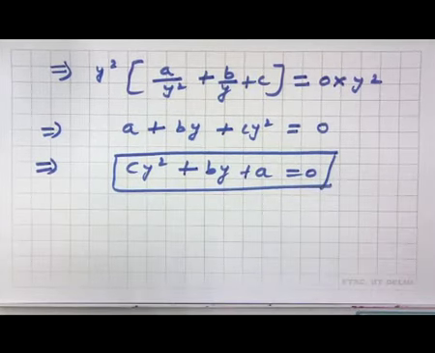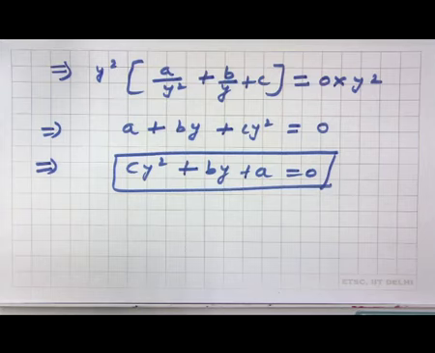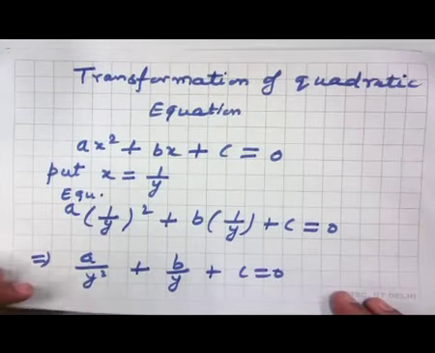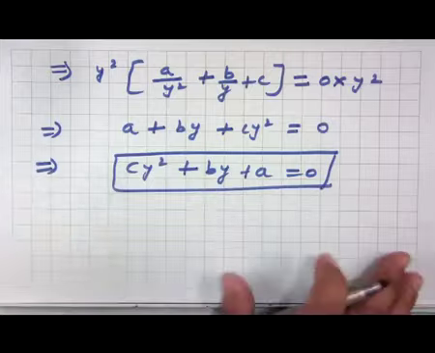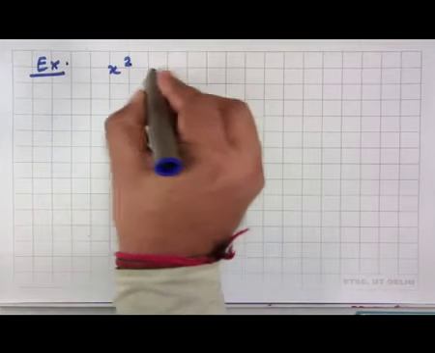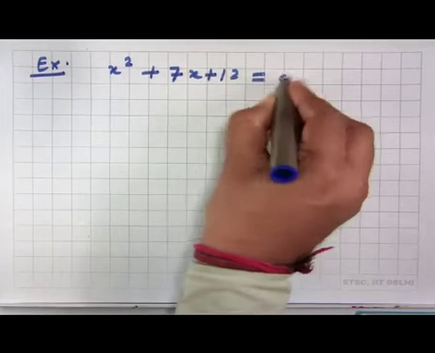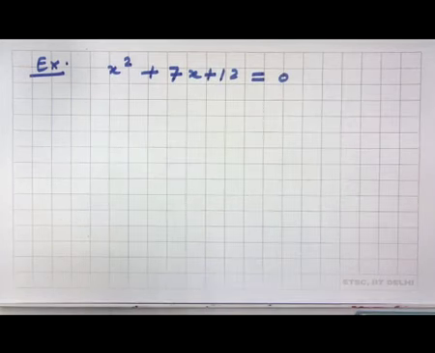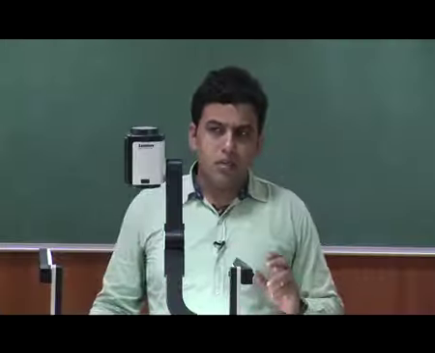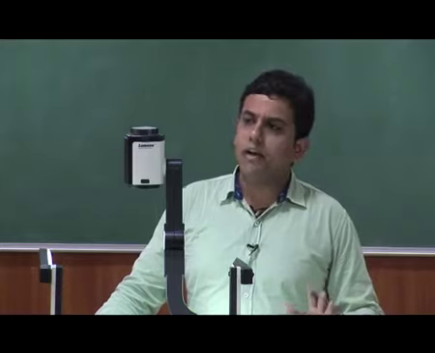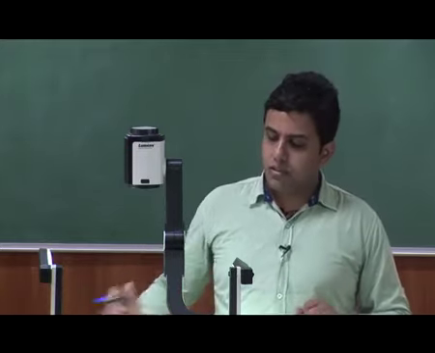Now, this is the quadratic equation whose roots are reciprocal of the roots of the given quadratic equation ax square plus bx plus c equal 0. Now, let us take an example. Suppose this is the quadratic equation x square plus 7x plus 12 equals 0. We can find the roots of that equation, but we are transforming this equation and we want to get the equation whose roots are reciprocal of those roots, without finding the roots of the quadratic equation.